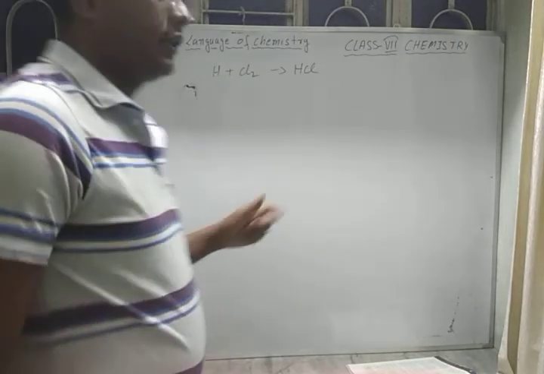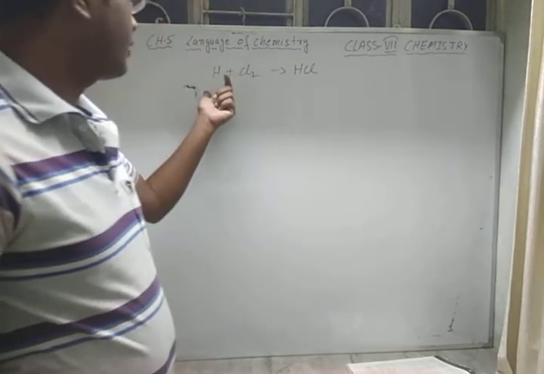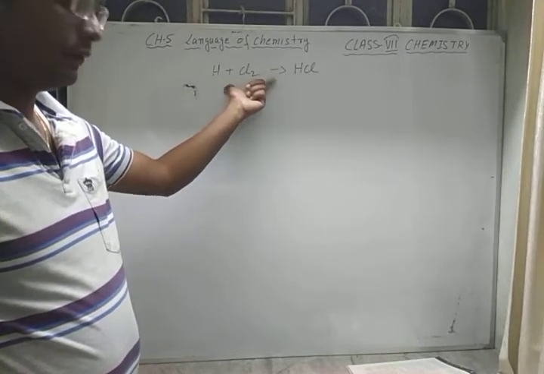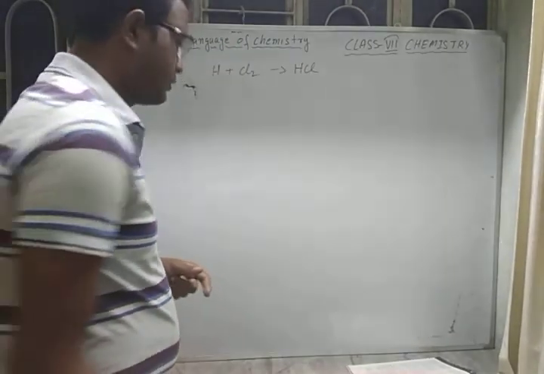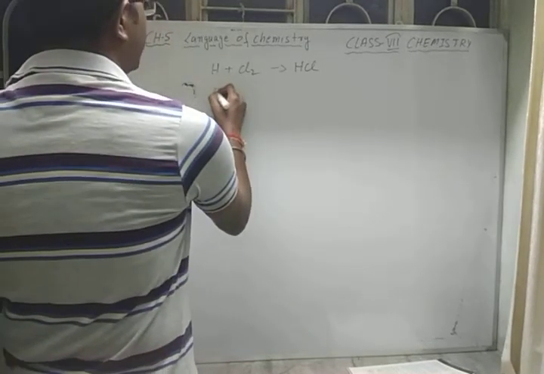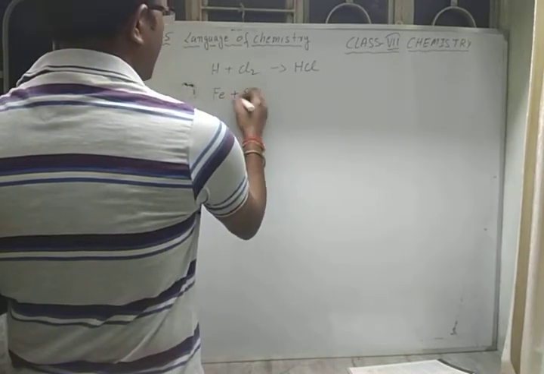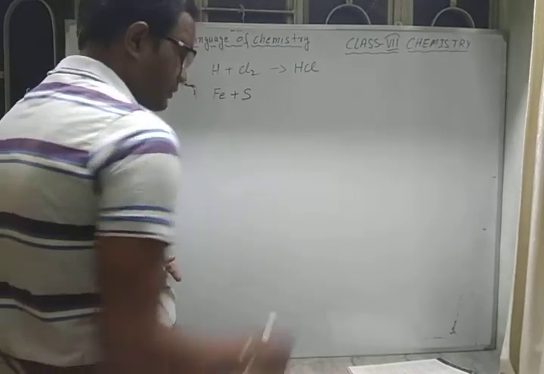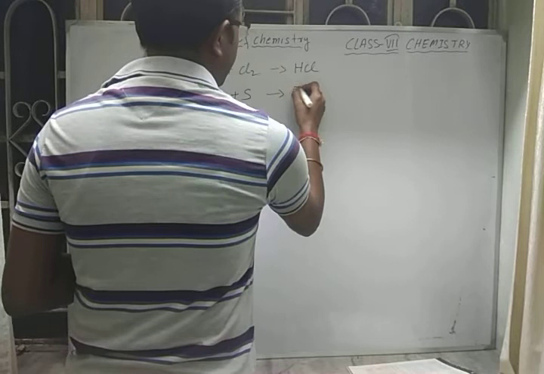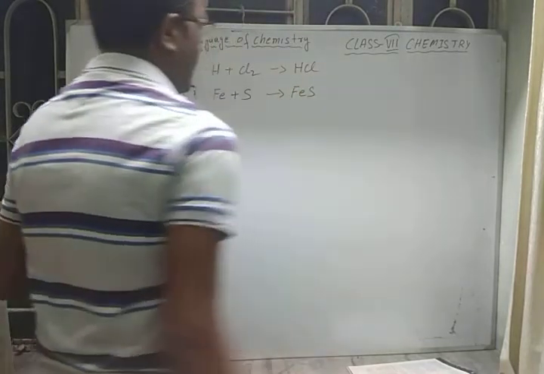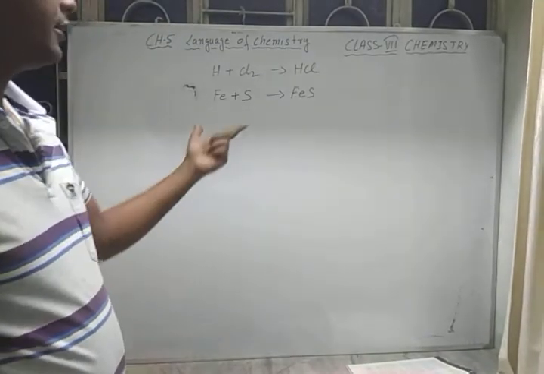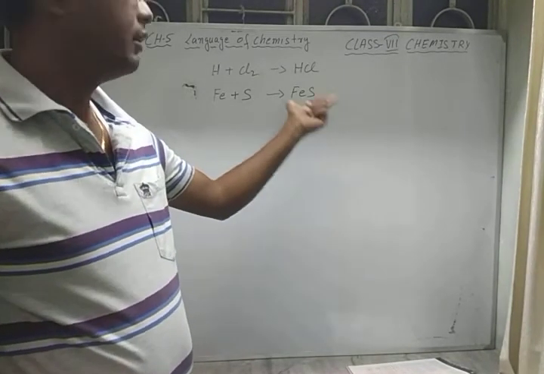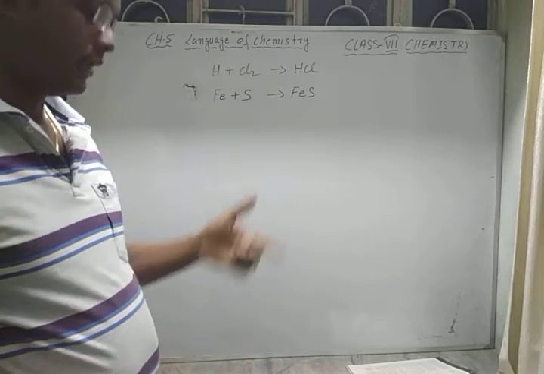So it is an example of a combination reaction. Side by side, one more example, Fe plus S, sulfur plus iron, it gives FeS, iron sulfide. Again it is a combination, 2 elements give a single compound, iron sulfide.